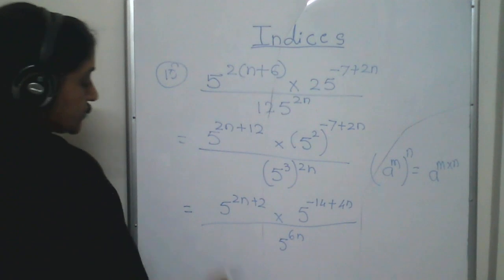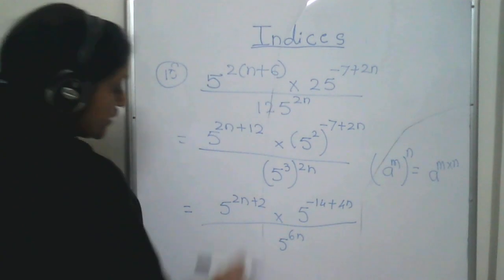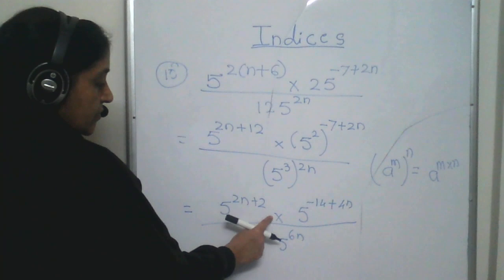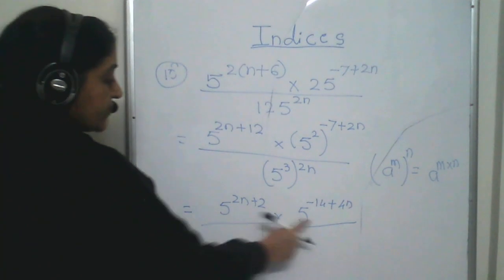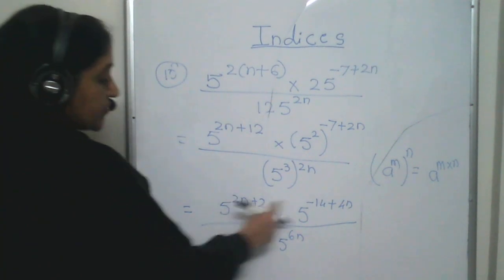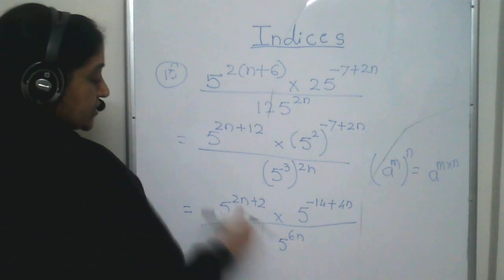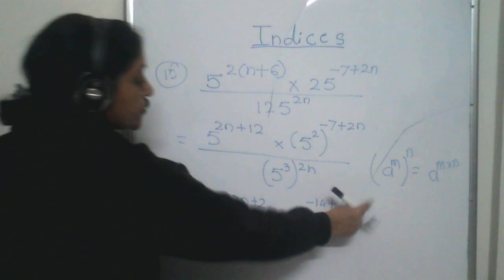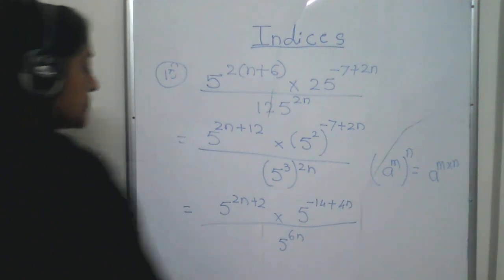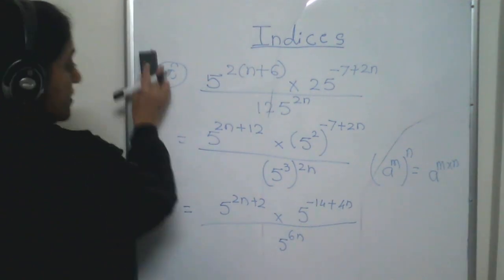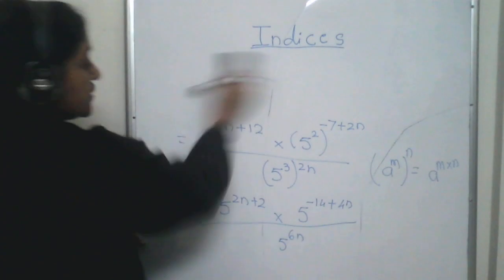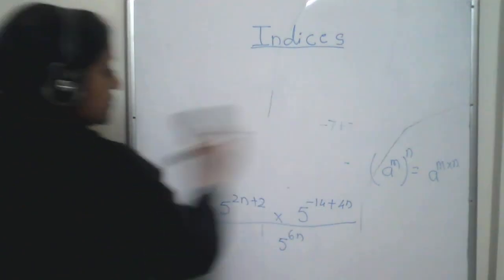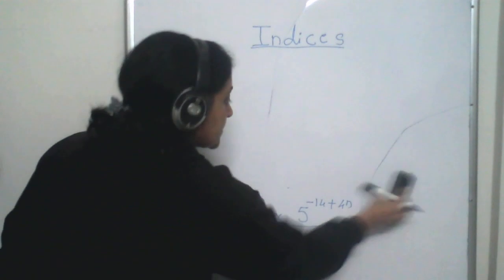Okay, so after this what to do? Now you have the multiplication operation here, and the bases are the same, hence we will be able to add the exponents, and 5 being in the denominator also, you can subtract the exponent from there. Now check it. I'm erasing both the steps and we'll carry on to the next step.